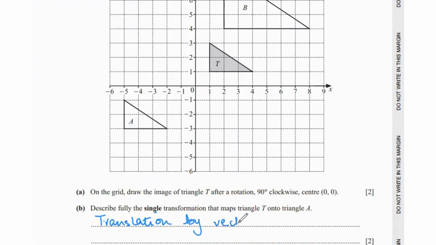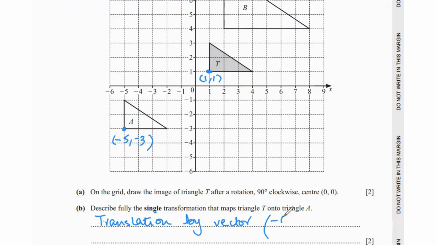So first, let's write it's a translation by vector. Now for the translation vector, you can pick corresponding points on both the shapes and see how it's changing. This point has the coordinates of 1, 1. This point has the coordinates of -5 and -3. So from 1, we became -5, which means we move 6 units to the left. So the first number in the translation vector that we write at the top, that's the x value.